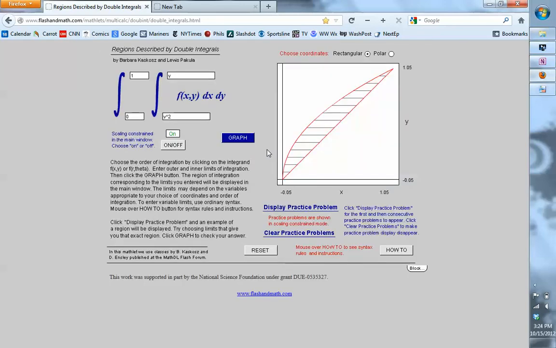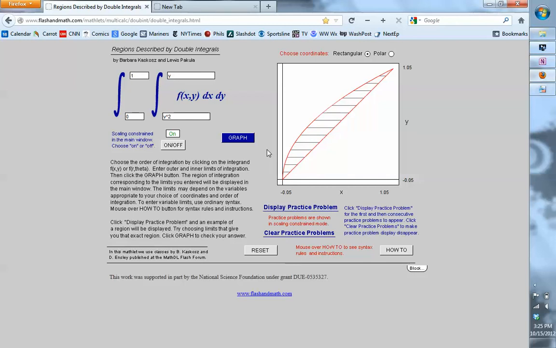It's a little Flash applet, so you have to make sure that you have Flash installed and enabled. So here's exactly the scenarios that we've been talking about. We've got this integral f of x, y, dx, dy. We've got limits of integration that we can fill in, and then the applet will give us a sketch of what's going on, whether you're doing horizontal slices or vertical slices or what have you.